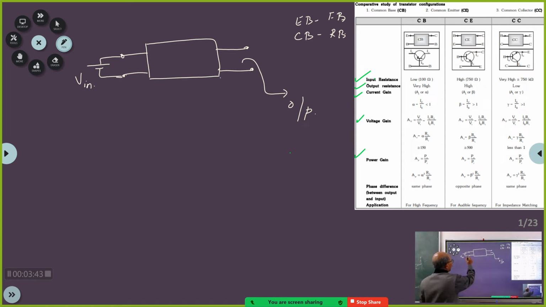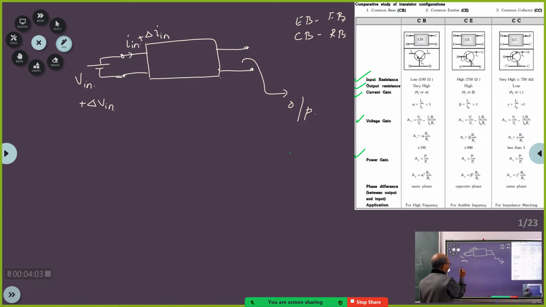Here I am measuring the current that is entering. I will change the input by delta Vin. If I change the input by delta Vin, this current will also change by delta I, correct?